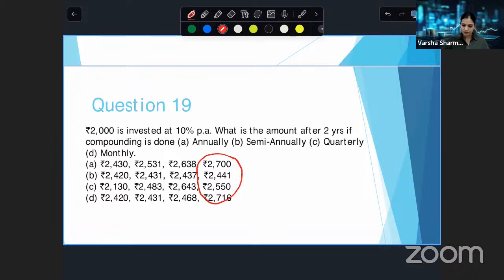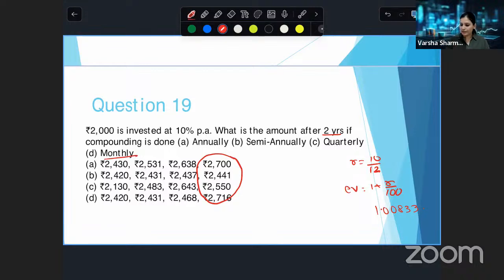Let's calculate monthly. So for monthly, R will be 10/12. Compounding value will be 1 plus R upon 100. 1.00833 something. 2 years. So monthly, how many installments? 24.